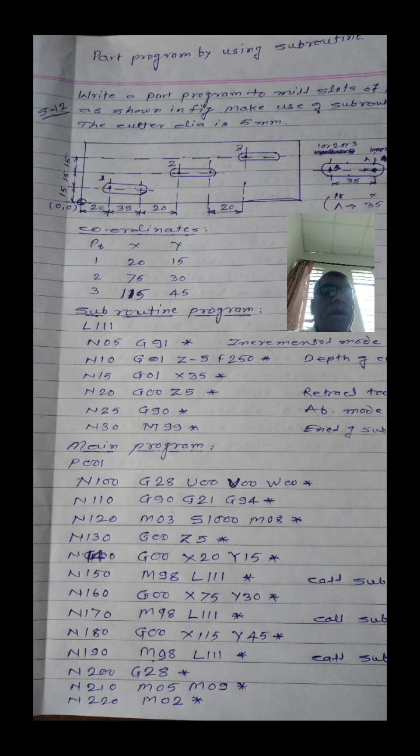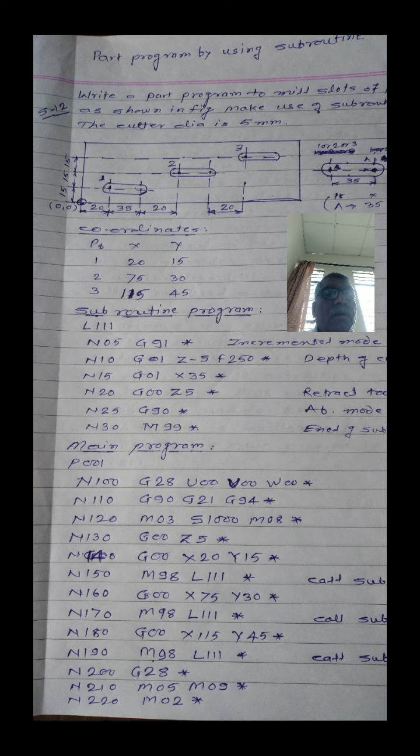After finding the coordinates, you have to write a part program separately as usual, considering the incremental mode. Here you have to cut slots of 5 millimeter width and length 35, meaning center length is 35 as shown in the figure.